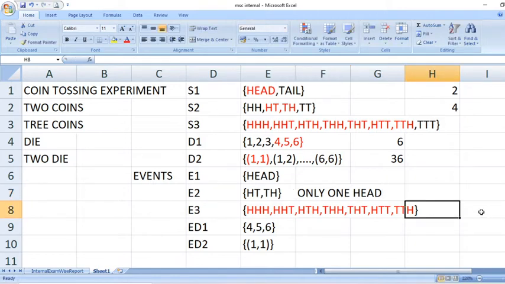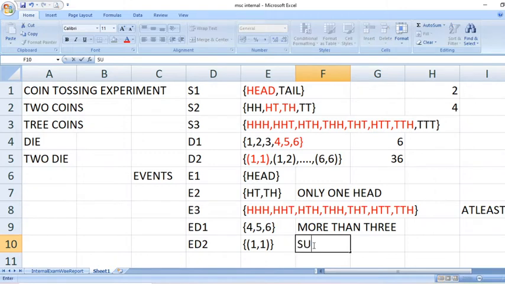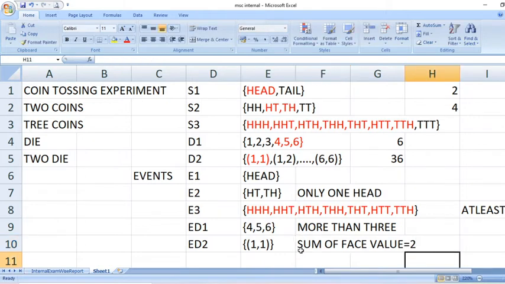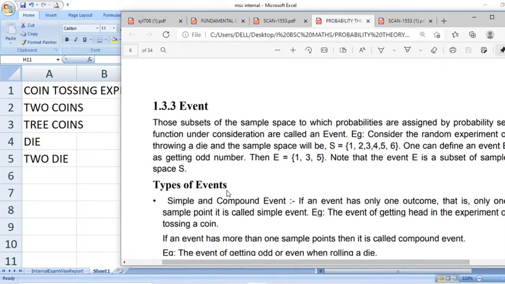The name of this event is "at least"... These are the events, and the names of those events. So an event is a subset of the sample space.